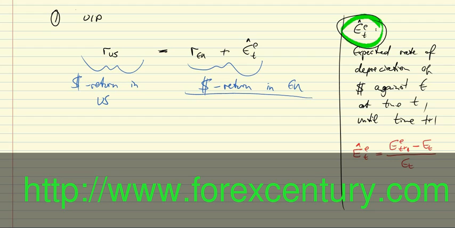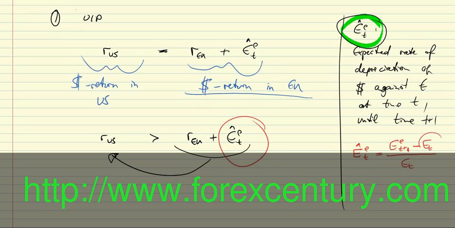So quickly the restatement here: what if this interest rate is larger than the sum of these two terms? Well, then there will be an outflow of funds from Europe to the US, which implies that the exchange rate today, this one here, falls.